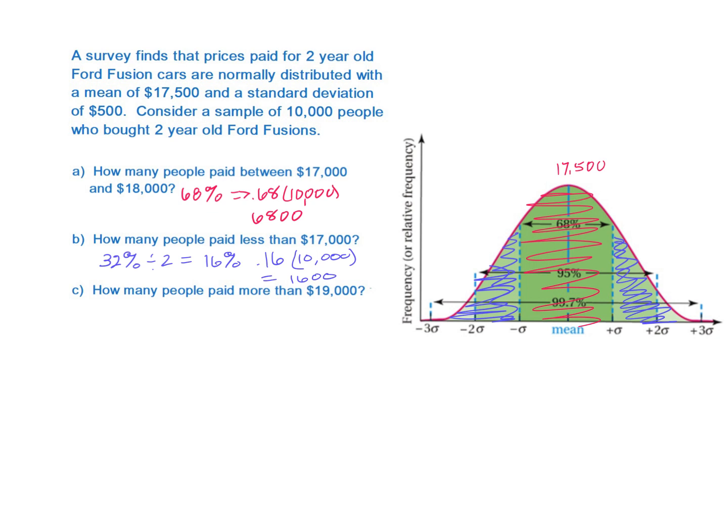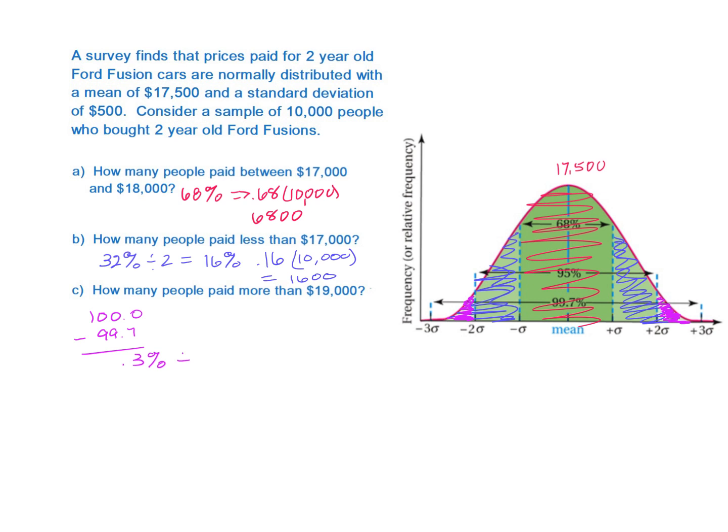And then how many people paid more than 19,000? Well, now we want people that are 3 standard deviations above, so this bright pink area. But again, what I can do there is I can look at both sides. So both sides would be 100 minus that 99.7, which leaves me with 0.3%.